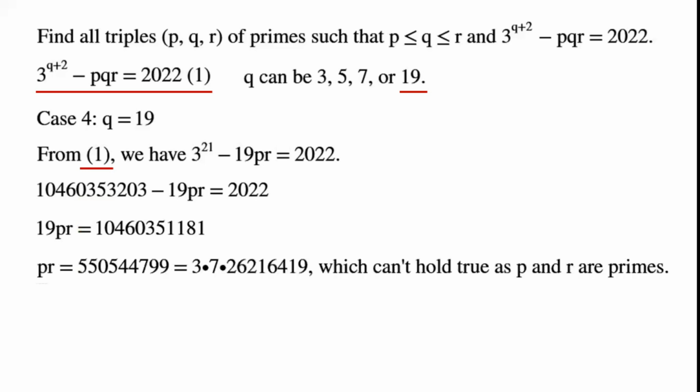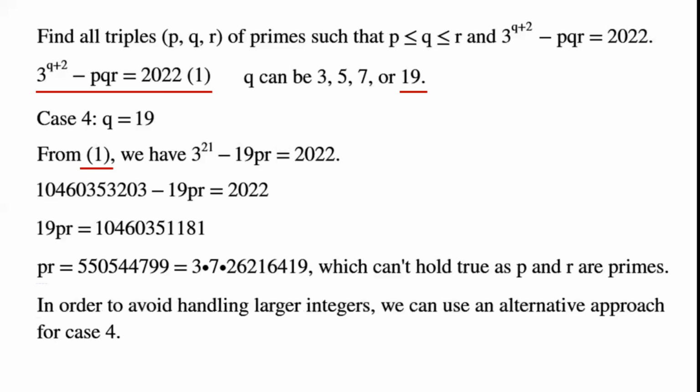So PR equals 550,544,799, which can be written as 3 times 7 times 26,216,419, which can't hold true as P and R are primes.